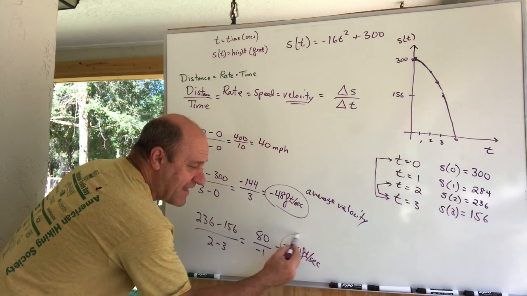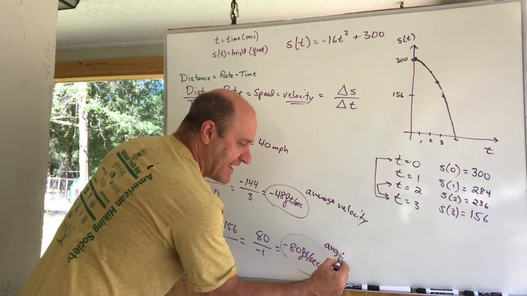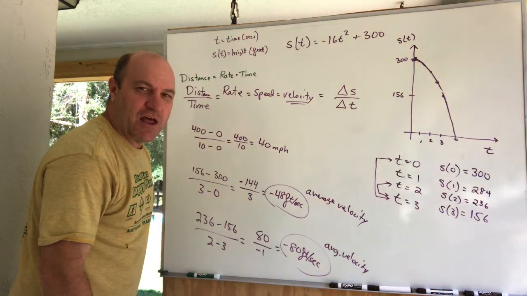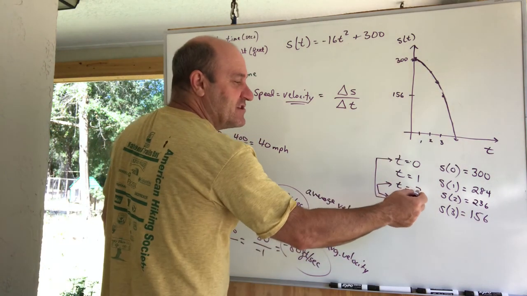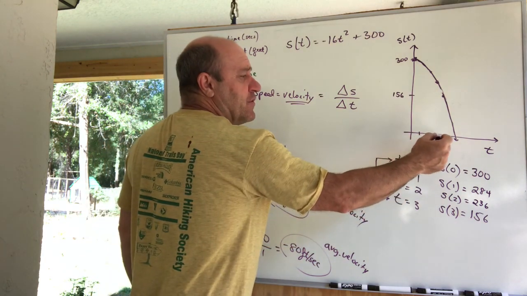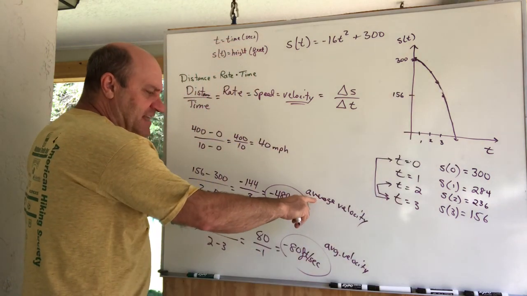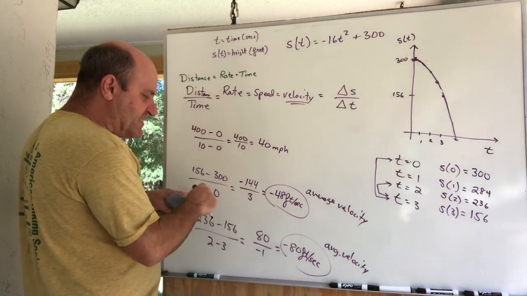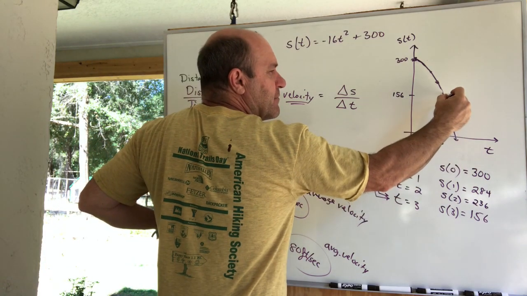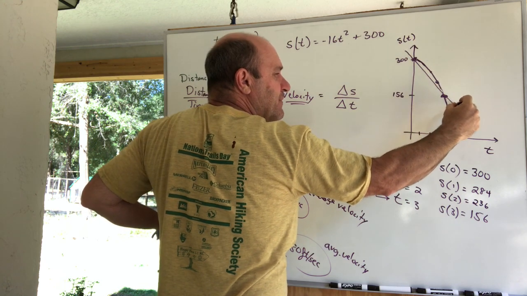So wow, that's an increased average velocity. I guess that's because I left out the first couple seconds where I was going slower. By the time I hit 2 seconds, I was going pretty fast. So this is the average velocity between 2 and 3 seconds. The average velocity between 0 and 3 seconds was technically, here's this 3-second point, the slope of this line.